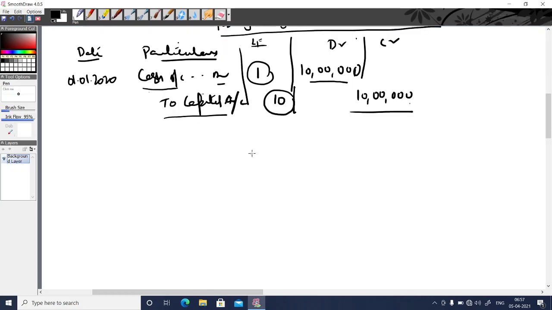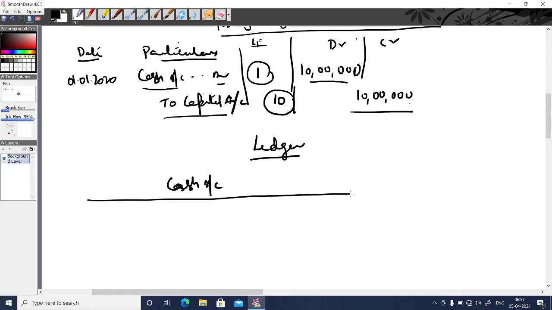I go to a book called the ledger. In this book there are several pages. One of the pages is marked as cash account. This page is at page number 1 of the ledger. It has two sides, debit side and credit side.